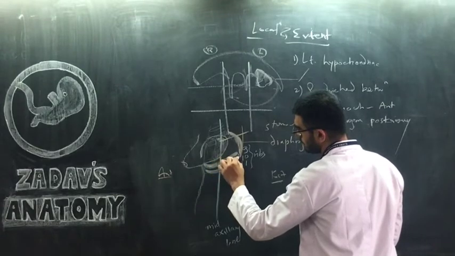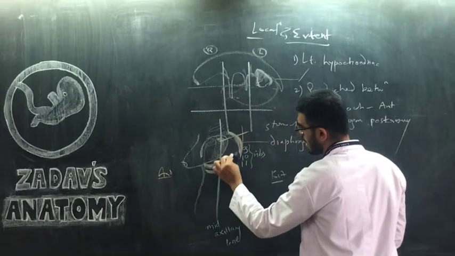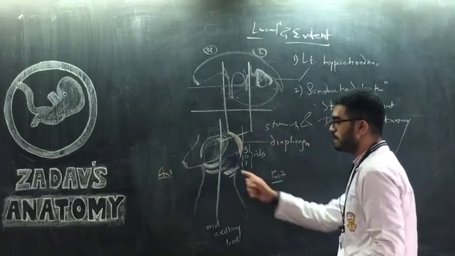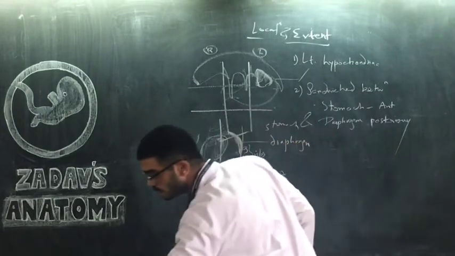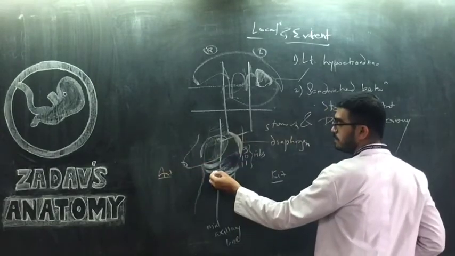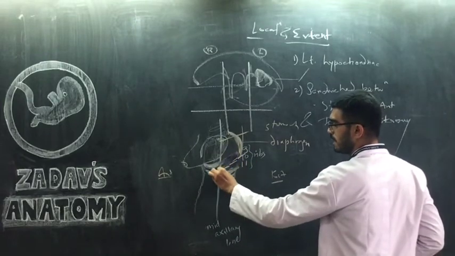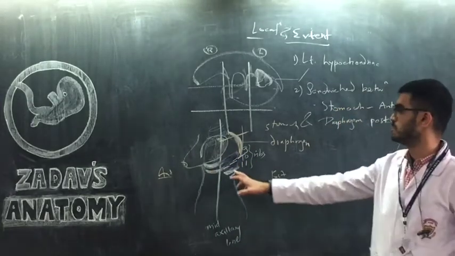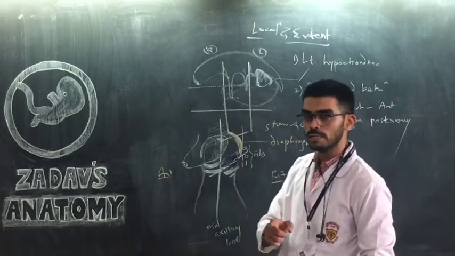So I'm going to draw it over here. And you can try to remember that the long axis of the spleen coincides with the long axis of the 10th rib. There you go. That's the long axis of the spleen, and it roughly corresponds to the long axis of the 10th rib. Okay?